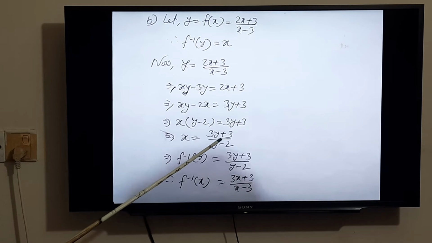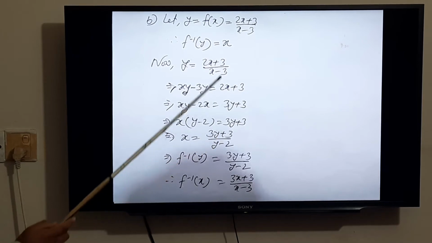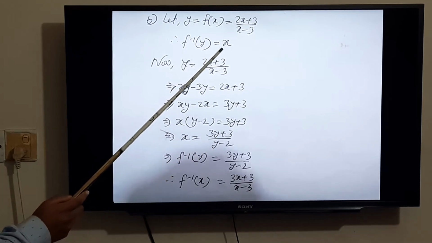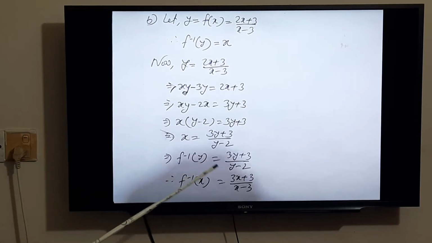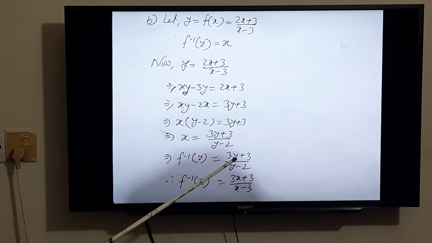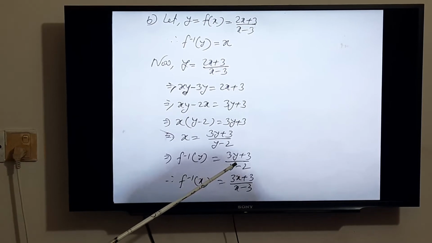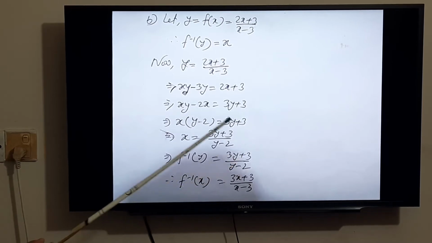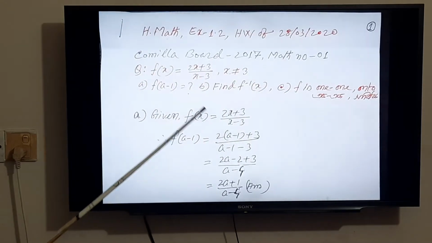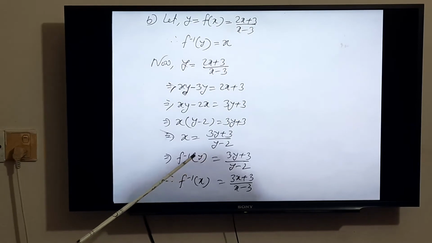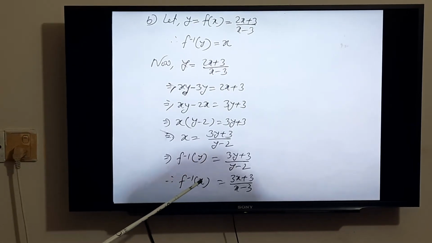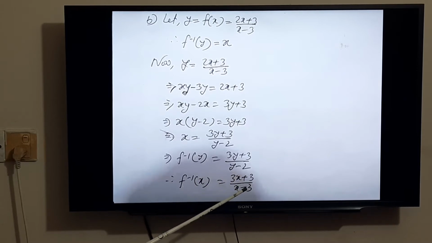Then x is equal to this. So in the first condition, x is equal to f inverse y. So f inverse y is equal to this. But our question is f inverse x. That's why y is replaced by x, then 3x plus 3 divided by x minus 2.